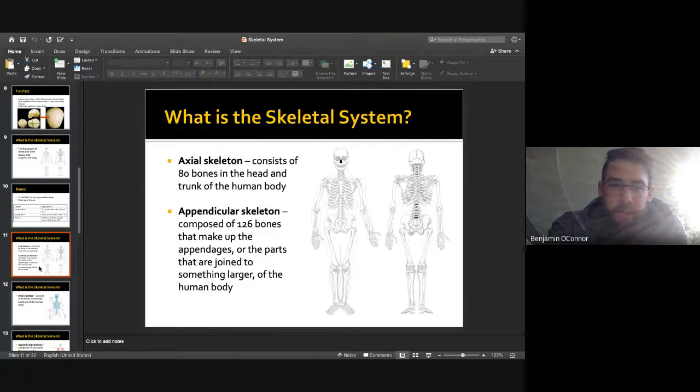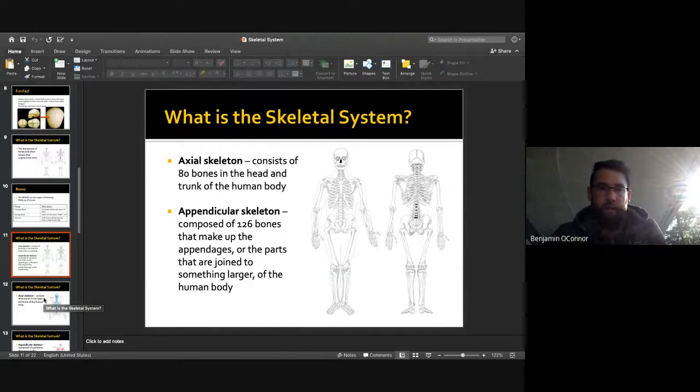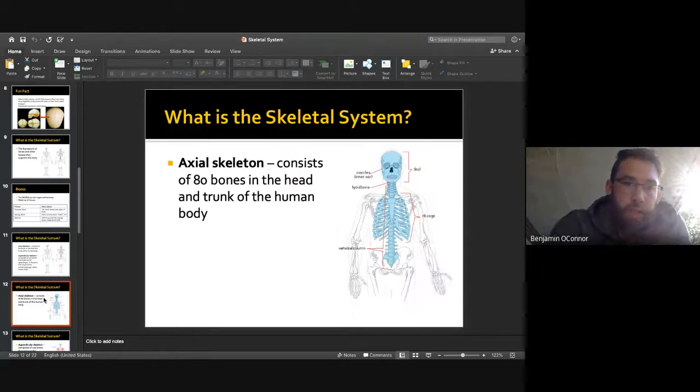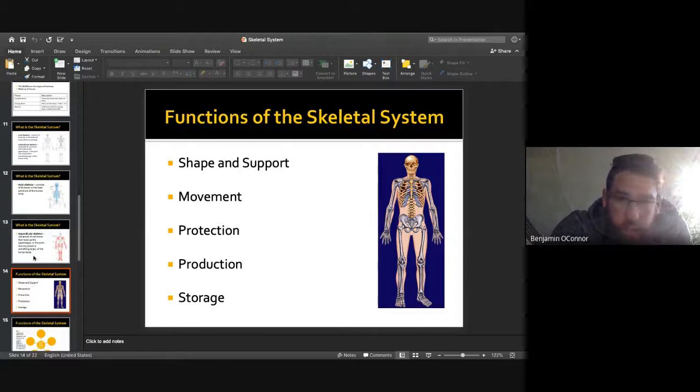You can break up the skeleton system into two separate systems, axial and appendicular. Appendages are like your legs and arms, and the axial is pretty much from your head to the trunk, staying in the midline. Again, it allows you to stand up, so that's the shape and support.